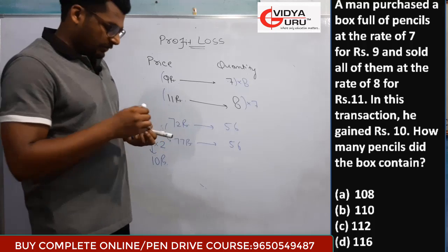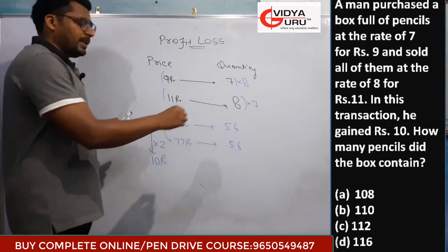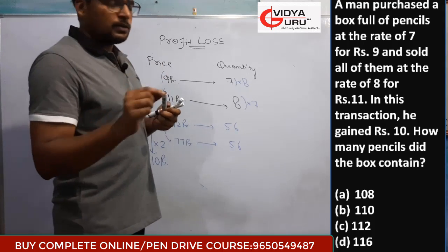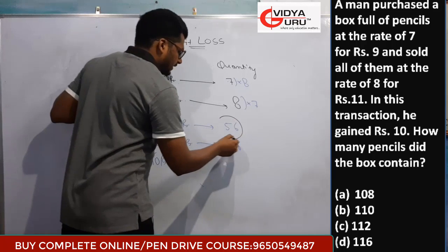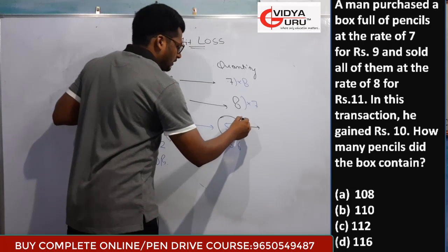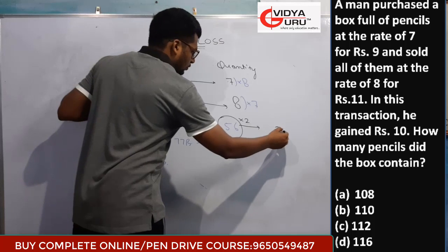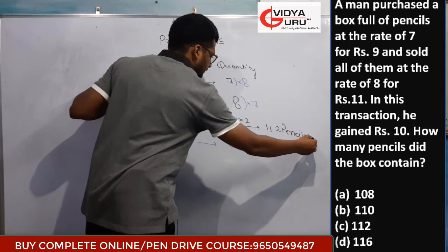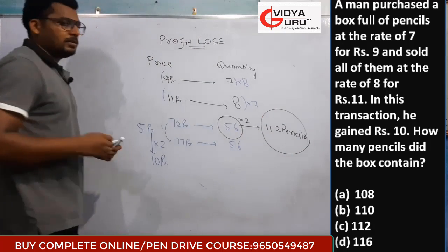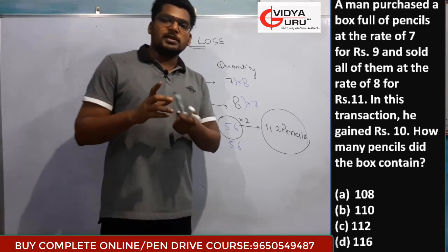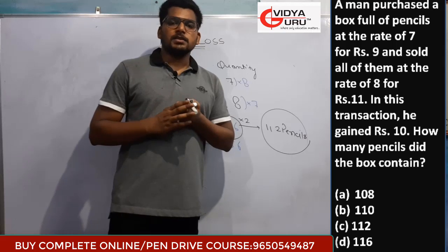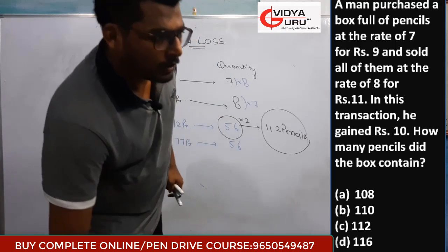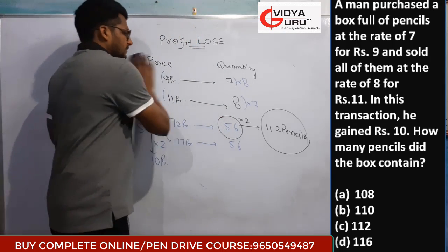So we have to make every value 2 times to get the exact quantity. That means he bought 56 times 2, 112 pencils. So option number C is the correct answer of this question. So coming on to the next question.